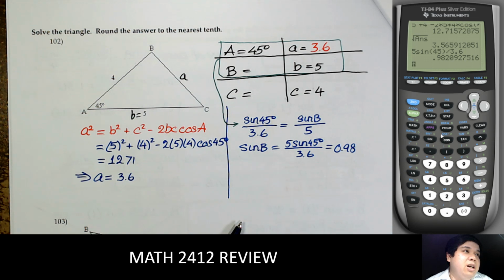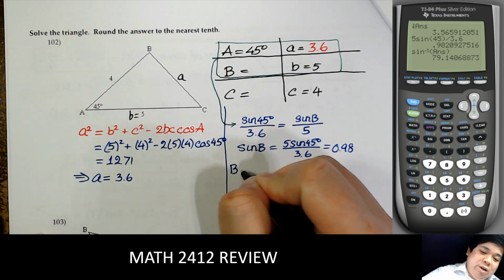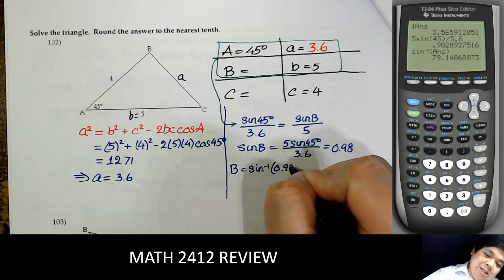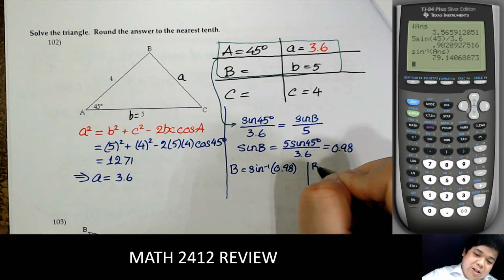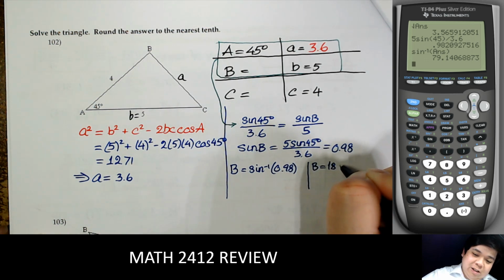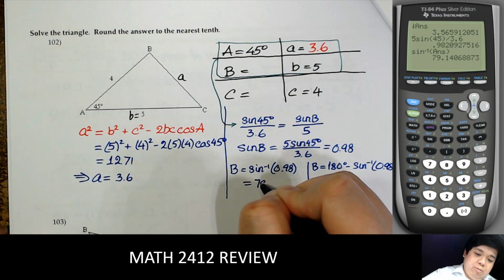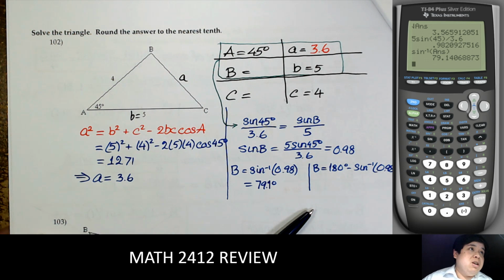Right, so take sine inverse of that. Right, 79 degrees. Now there's a problem, because when we solve for B, it could be sine inverse, or the supplement, always like that. And so potentially we have 79 degrees, or we have 180 minus that.